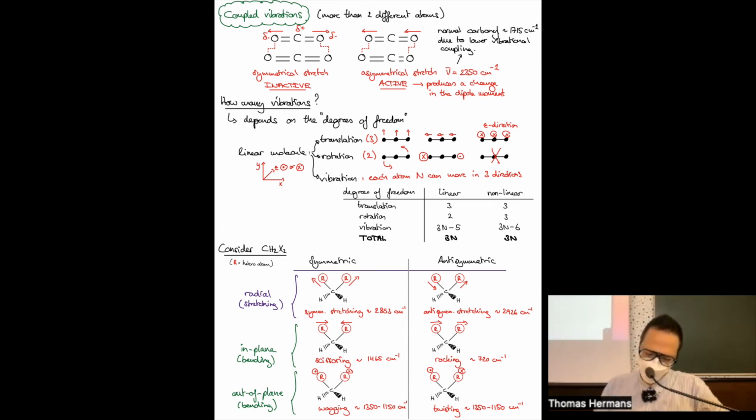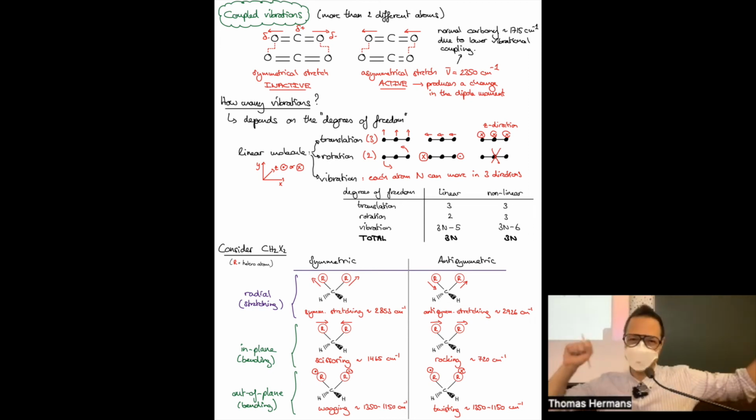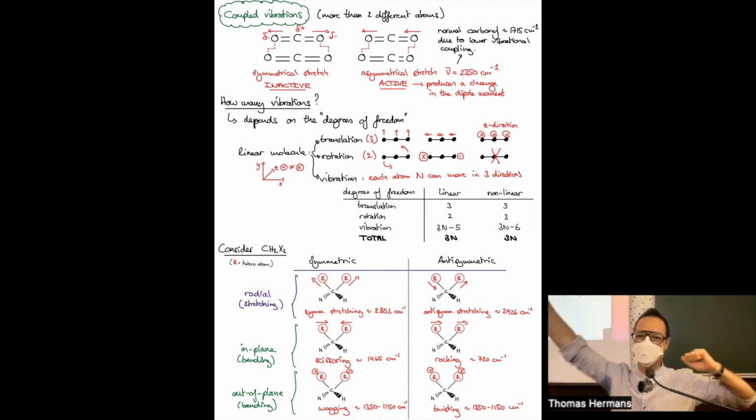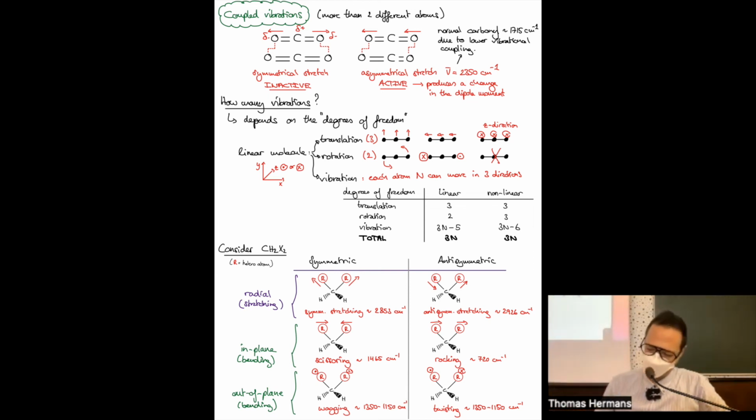But this can also happen like this, right? So one can contract and the other one can go out. This is hard gymnastics for me, but let's say like this, right? So it's anti-symmetric. Next class, I'll show you some movies of how these things move.